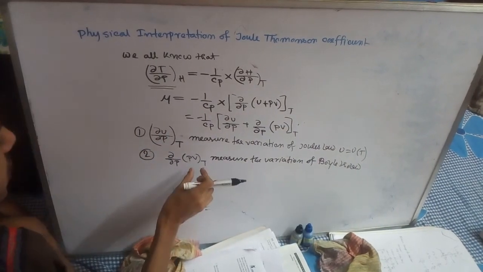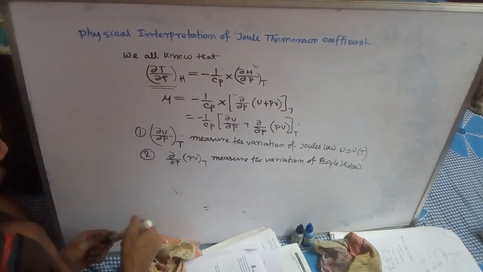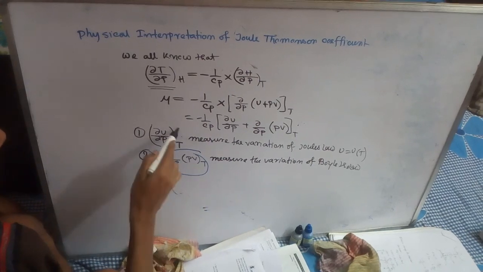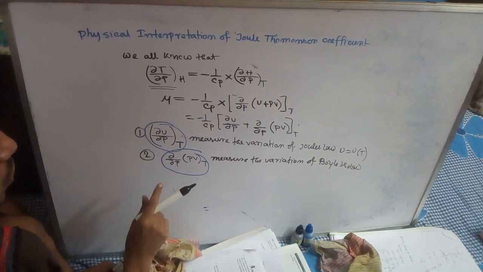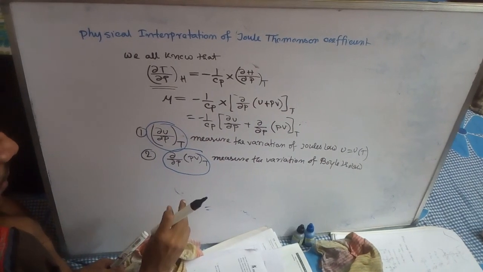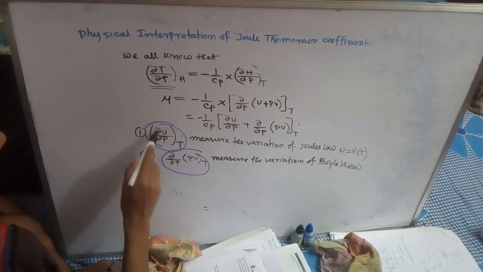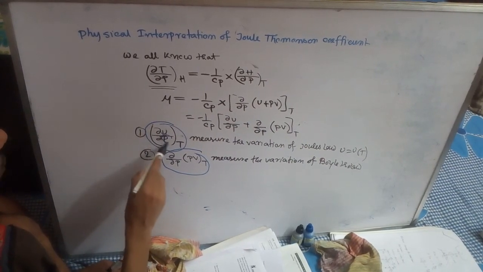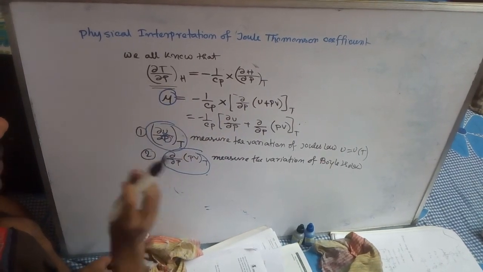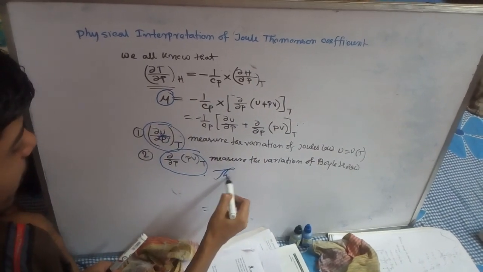We also know that at constant temperature, Boyle's law says V varies as 1 by P. So this is the variation of Boyle's law, and that is the variation of Joule's law, because from Joule's law U is only a function of temperature, so U only depends on T, but here we see the change in internal energy with pressure at constant T. So this is the physical interpretation of the Joule-Thomson coefficient.